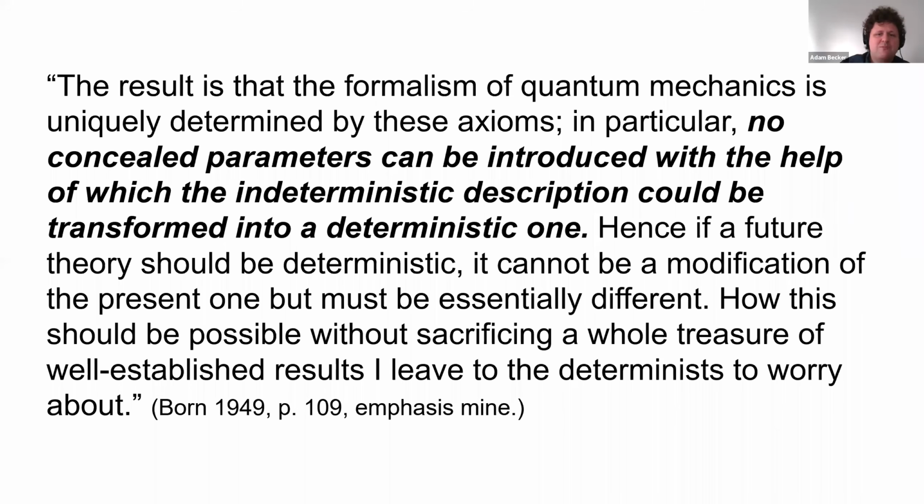And in that book, he learned of a theorem, which Born attributed to von Neumann, stating that all of the vagueness and uncertainty and whatnot that came along with the Copenhagen interpretation was inevitably part of quantum physics. And Born said that no concealed parameters could be introduced with the help of which the indeterministic description could be transformed into a deterministic one.